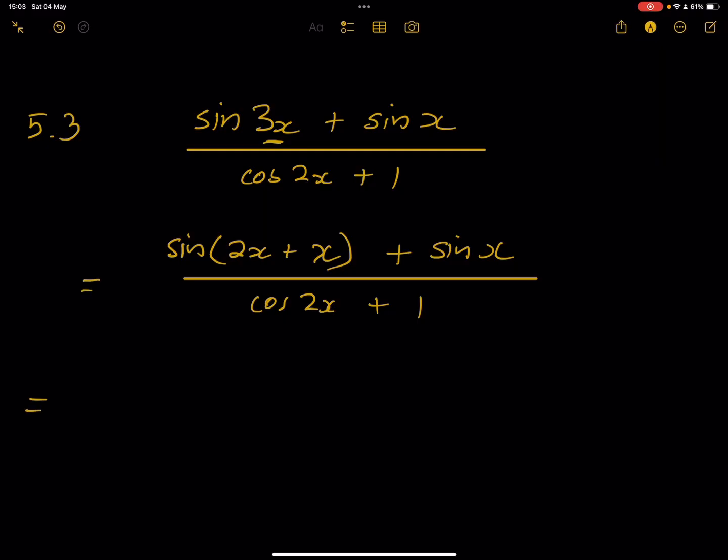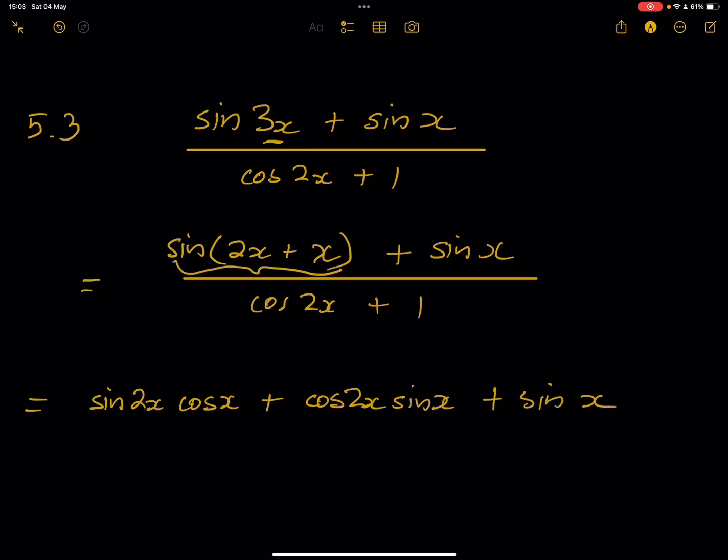So this would be equal to, now sine of 2x plus x, we're going to use our compound angle formula. So this will be sine 2x cos x plus cos 2x sine x. This is just for that guy here. That's plus the sine of x.